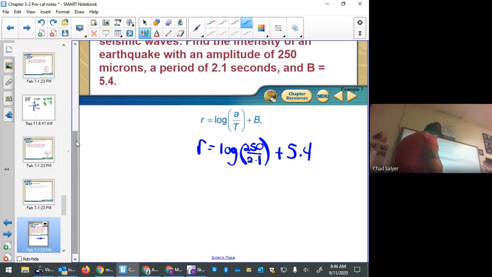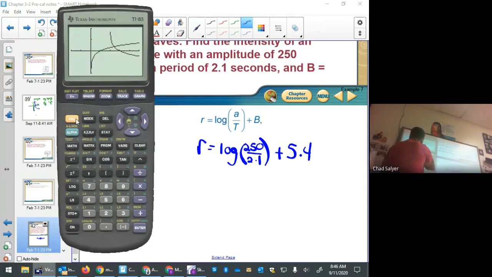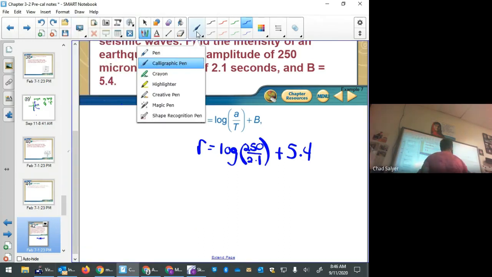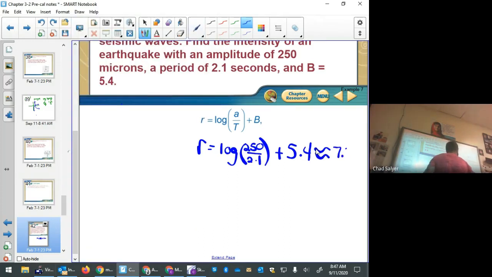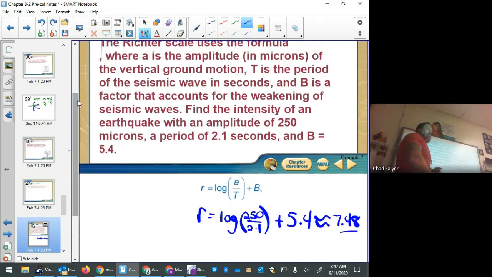So I just plug this in the old calculator. Just have to figure out what goes where. It's about 7.48. So that would be a catastrophic earthquake if that happened in real life.